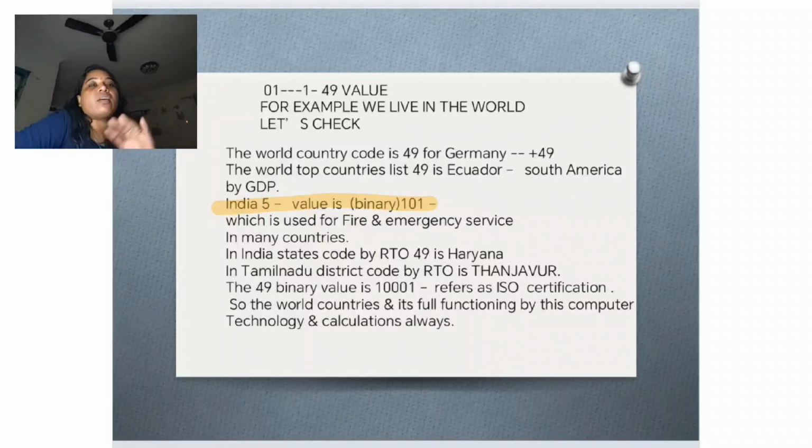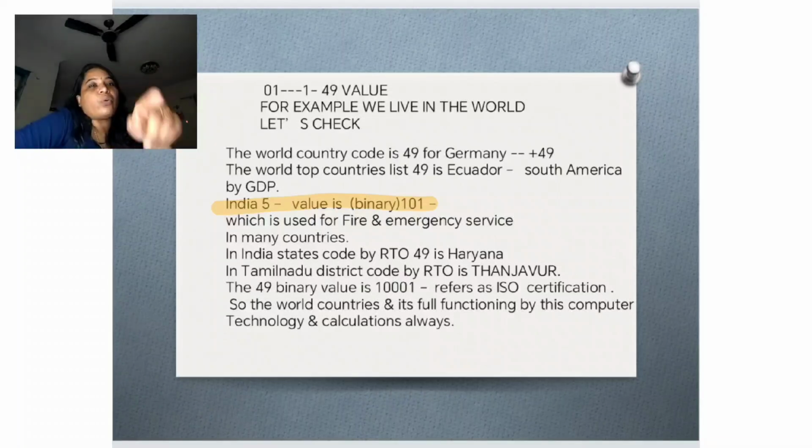The world's countries function fully through computer technology and calculation. If you are making this type of cryptography technology, we should know about encrypt and decrypt methodology. In this way all the functions and all the departments all over the world work by this computer technology.